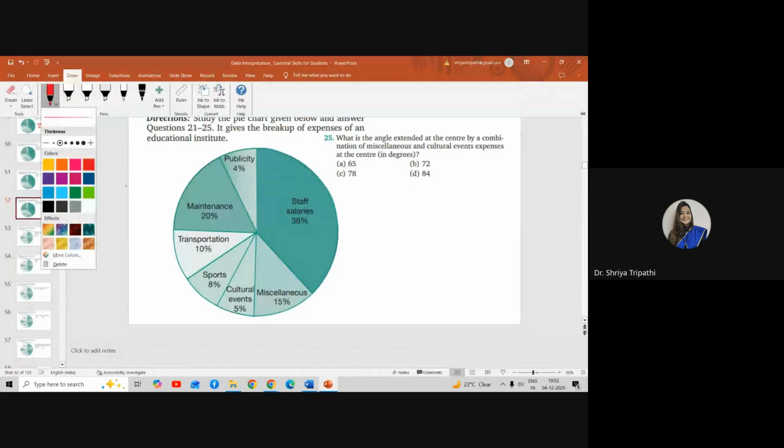See, here basically we do miscellaneous 15 plus 5, 20.